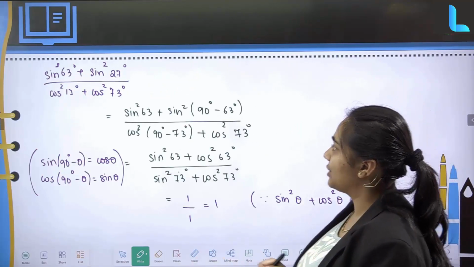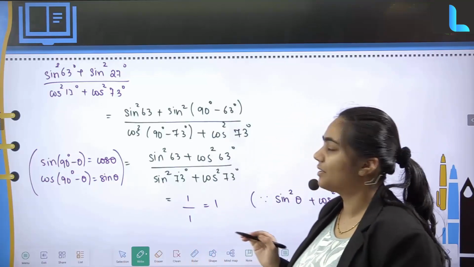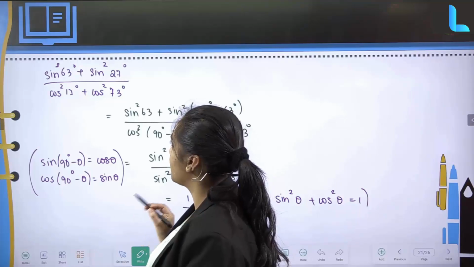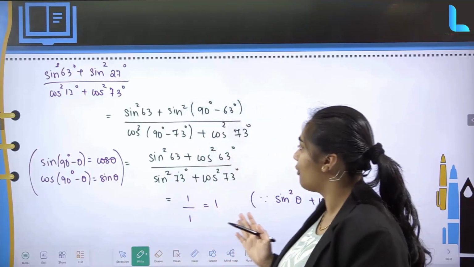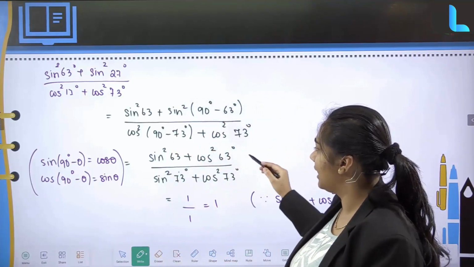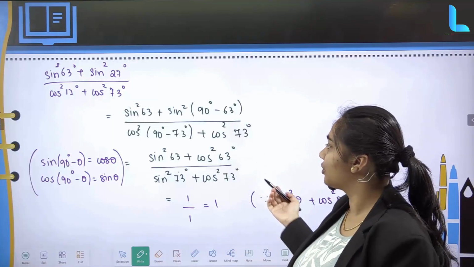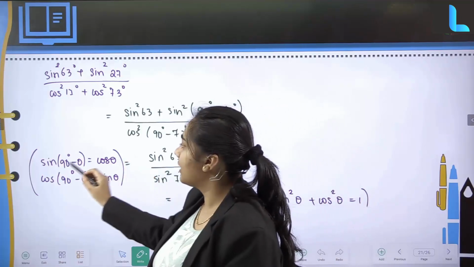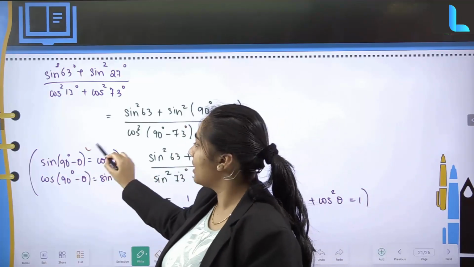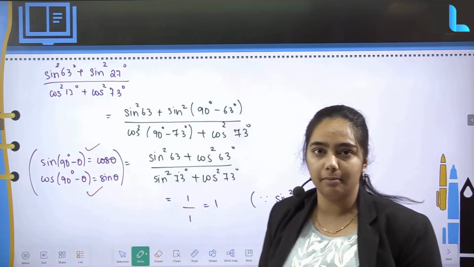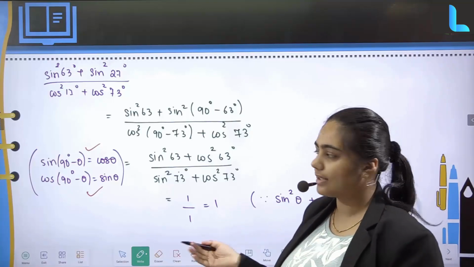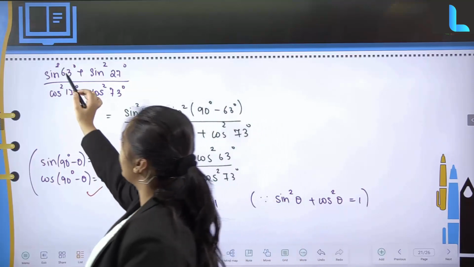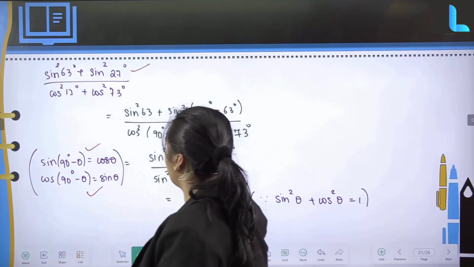Next question. You just have to evaluate the expression over here. Whenever I have this type of question, what is it first I will aim for? I will see that both my numerator and denominator have similar values. So for that, again, the same application formulas I'll be using. Sine of (90 degree minus theta) is going to be equal to cos theta. Similarly goes for the next one. So keeping one as same, I'll just change another one.